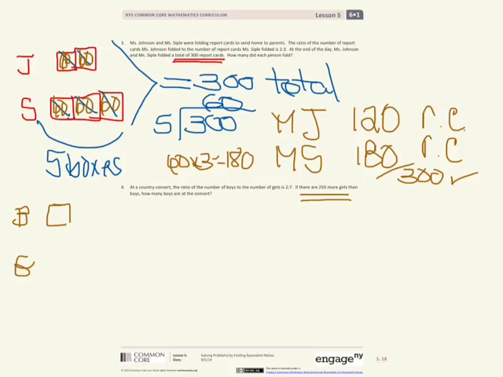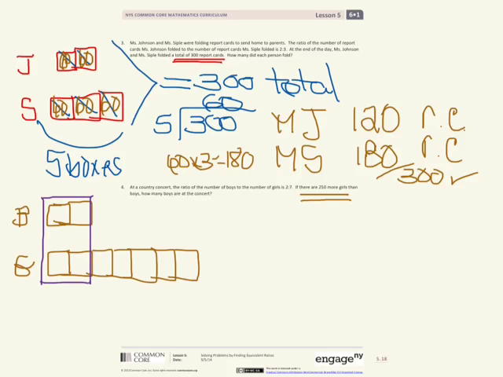So I'm going to draw 2 boxes for the boys and 7 boxes for the girls. 1, 2, 3, 4, 5, 6, 7. And it says I've got 250 more girls. Well, I know that I've got 2 boxes for the boys, and I'm going to line up those 2 boxes right here.